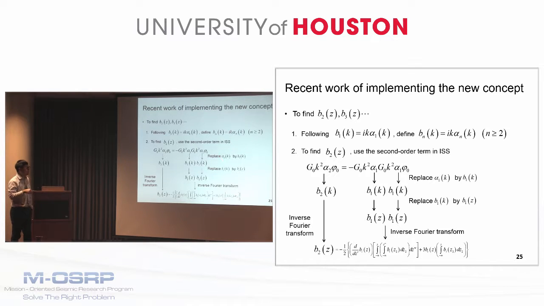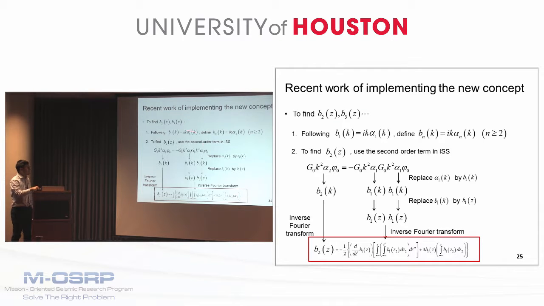We are not going to go through the details, but we refer you to our annual report for this detailed derivation. Following this second order term in the inverse scattering series and using B1 as input, we can obtain an expression, as we highlight here in this red box.